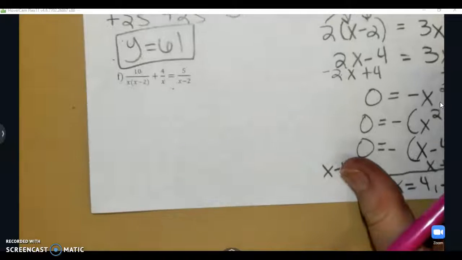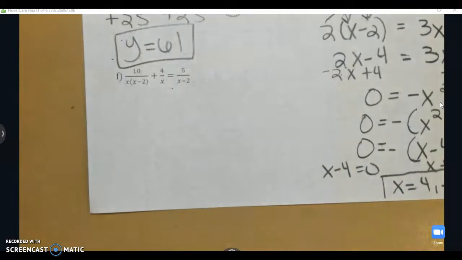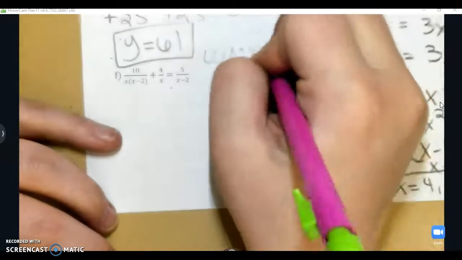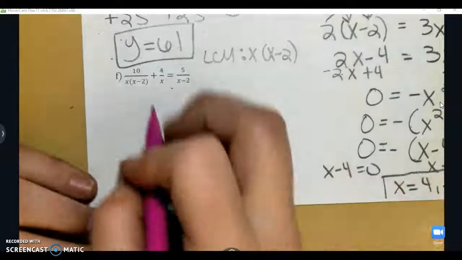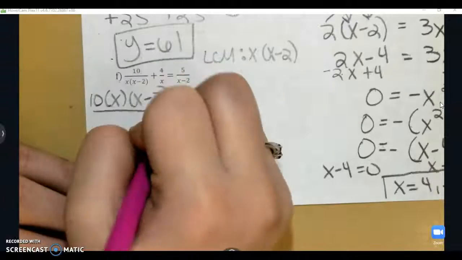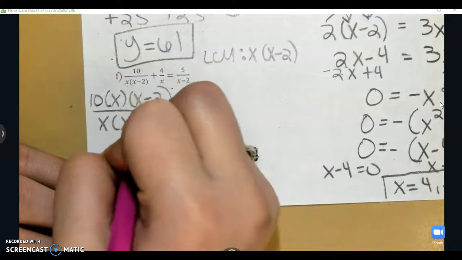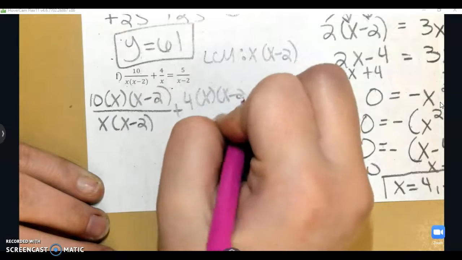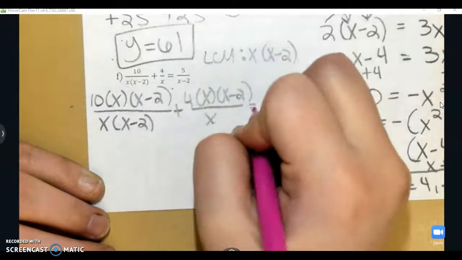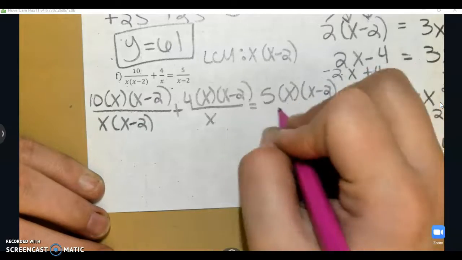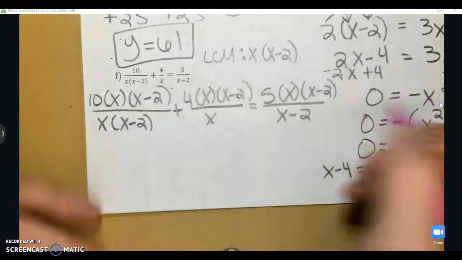And last but not least, on f, my least common multiple is going to be x times x minus 2. So on the left side, 10 times x minus 2 over, it's already over x minus 2. Then 4 times x minus 2 over x is equal to 5 times x minus 2 over x minus 2.